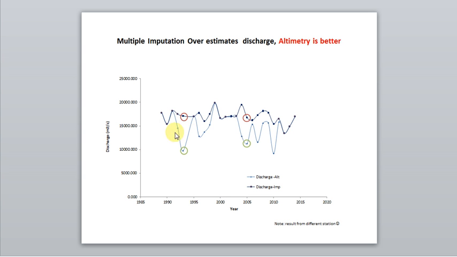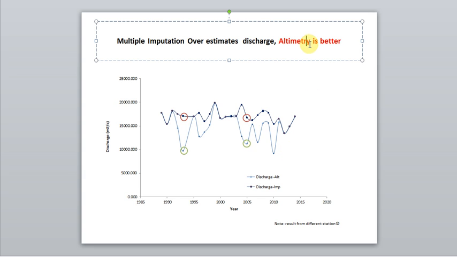So with that, you have all this data here, and sincerely, altimetry is better than multiple imputation, which I've tried before, because multiple imputation overestimates the discharge. You can see these red points here and these green points here. The green points are for the altimetry, and the red are for the multiple imputation. If you have data available here and data available here, and you do a multiple imputation, it just simulates and averages the whole thing.